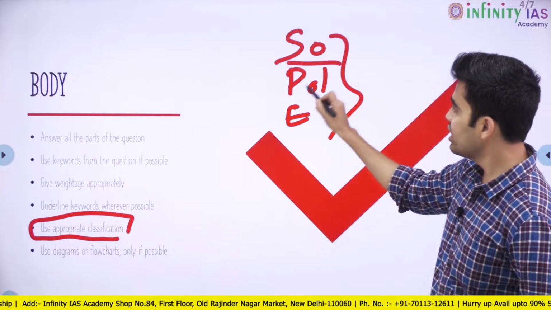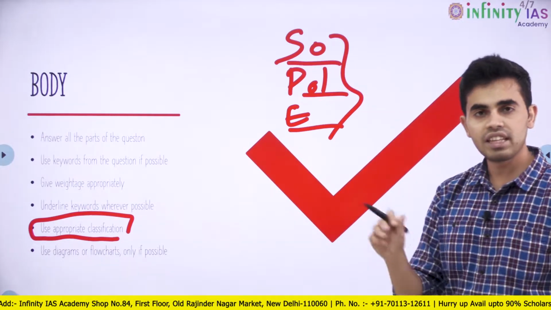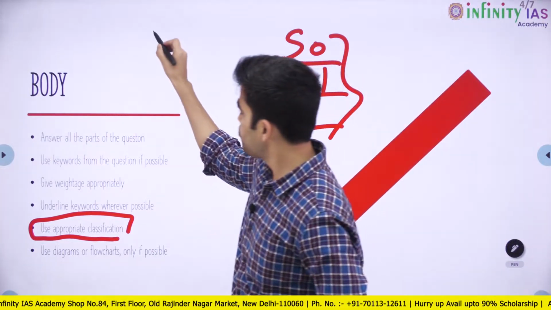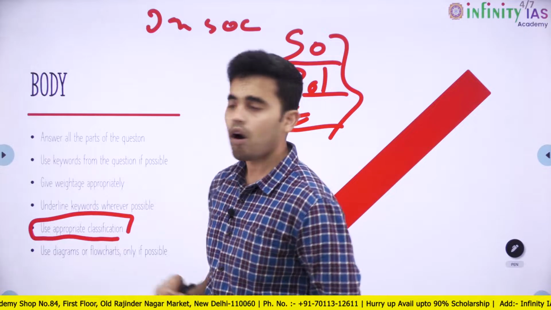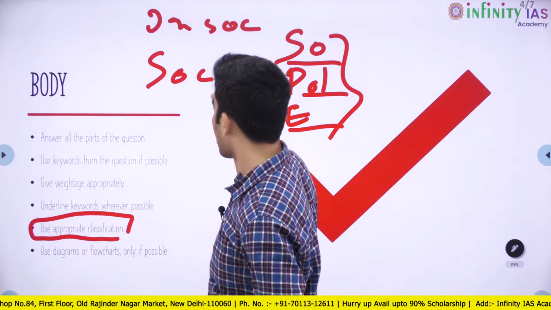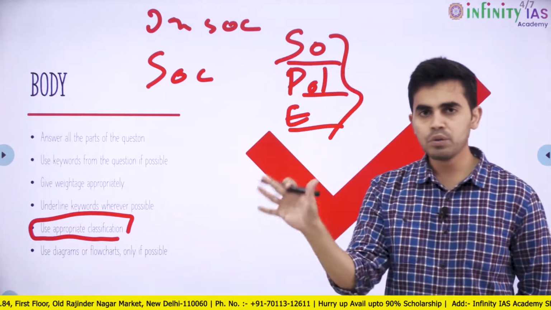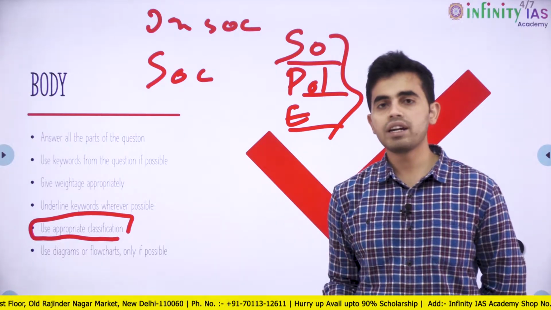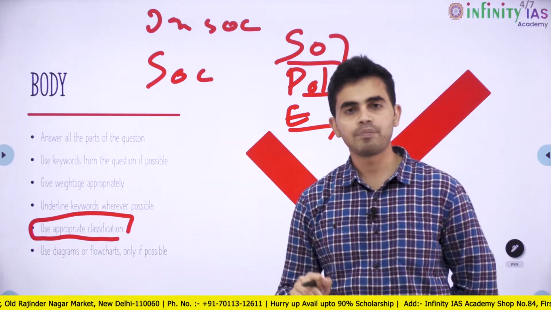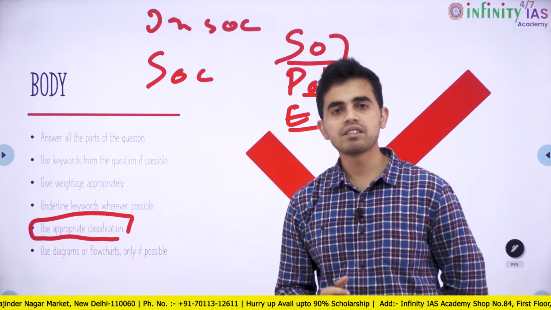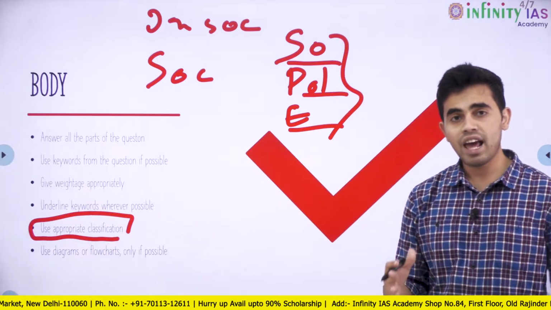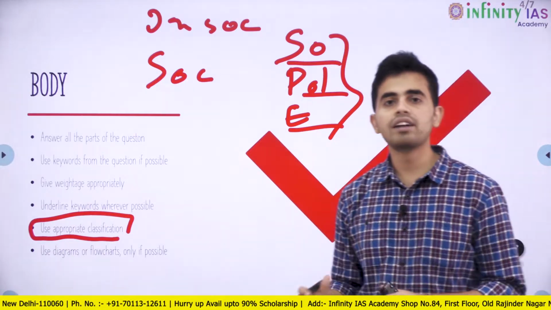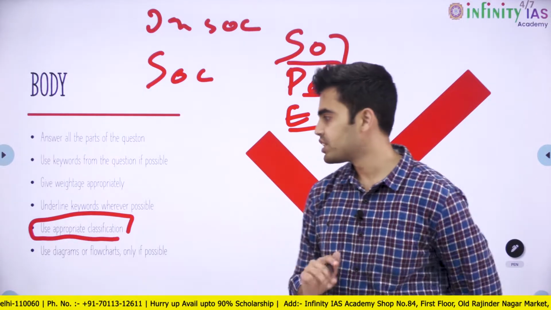So, how can we include these terms in the answer? We can simply write in social aspect or socially. Such words can be used to classify our points into different aspects. This will help us not only in answering the question, but also it will help us not to miss any point when it comes to a specific question.